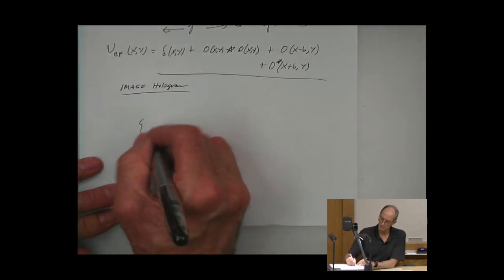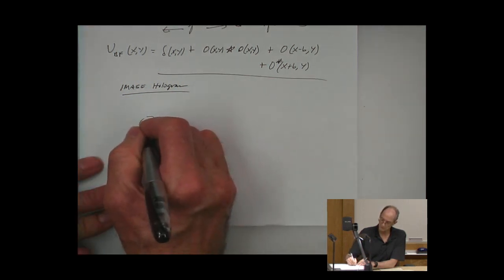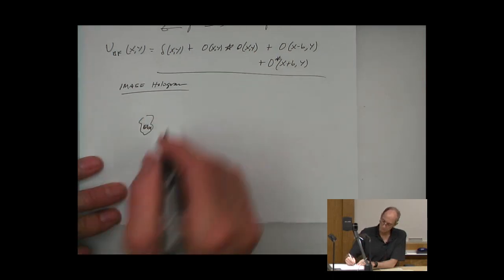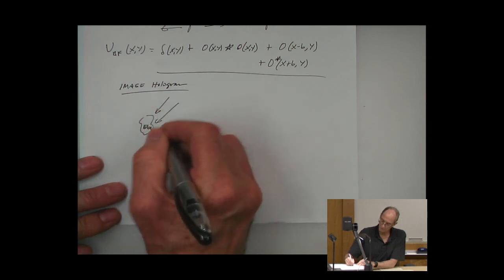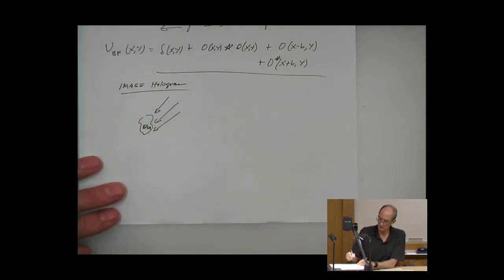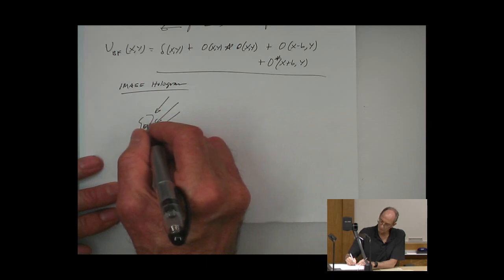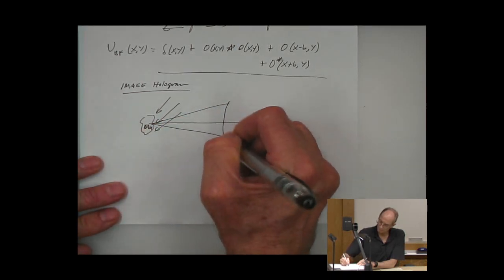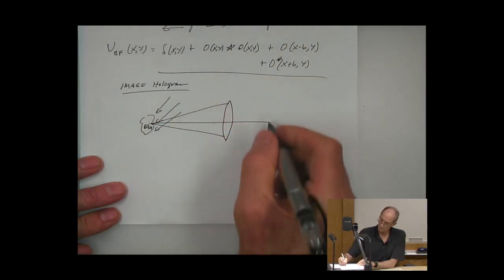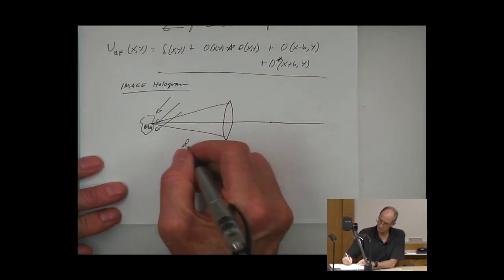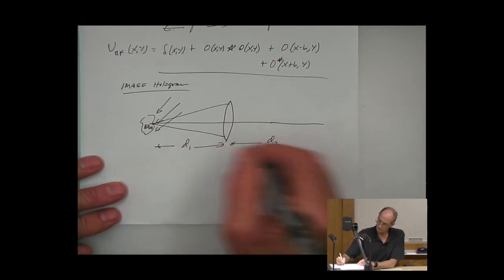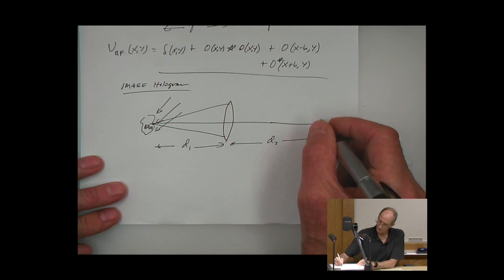But in an image hologram, here's your object out here, and you illuminate it with an illumination beam, and you get some light that comes out of that. As the name implies, this is D1, and out here at D2, satisfying the image relation, you end up forming an image.